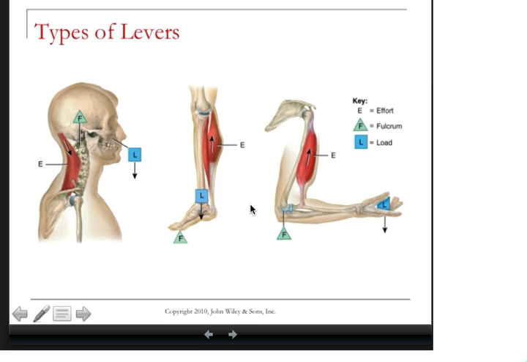Here you've got another example. You've got the gastrocnemius, which attaches to the distal end of the femur and down here to the calcaneus. When the gastrocnemius contracts, the toe will point. So where's the effort? The effort is here in the belly of the muscle, and the fulcrum is here, the ball of the foot, and the load in this case is the weight of the body pressing down on the plantar surface of the foot.